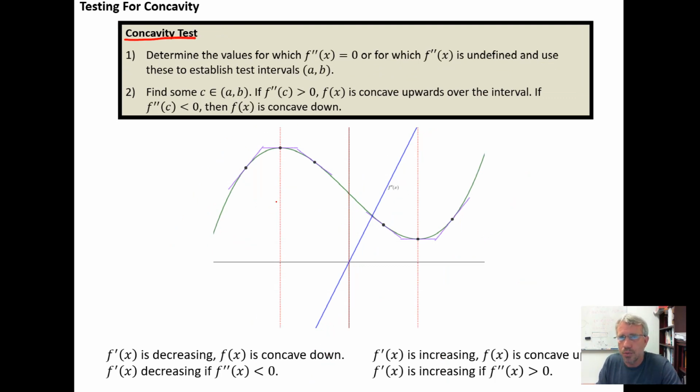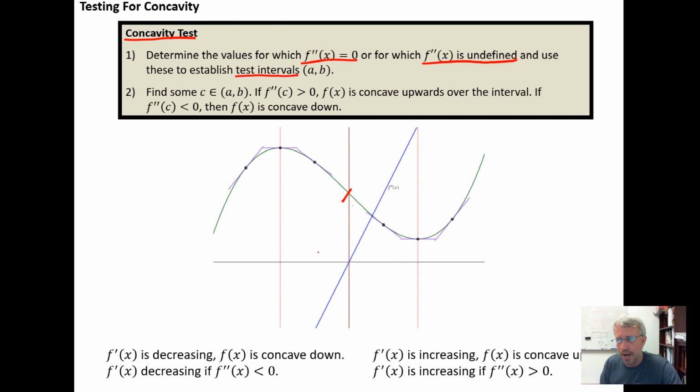So here's what you need to do to test for concavity. Set the second derivative equal to 0, or find where the second derivative is undefined. That's going to give you the inflection points on the graph. Use the inflection points in conjunction with the domain of f of x to establish test intervals.